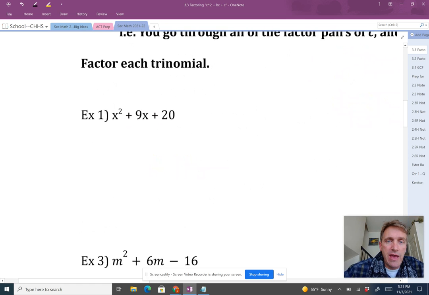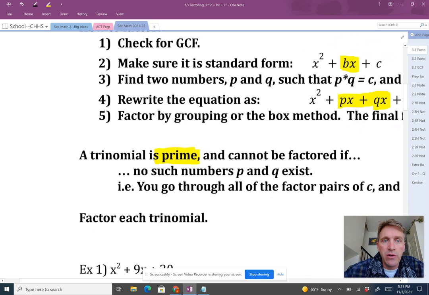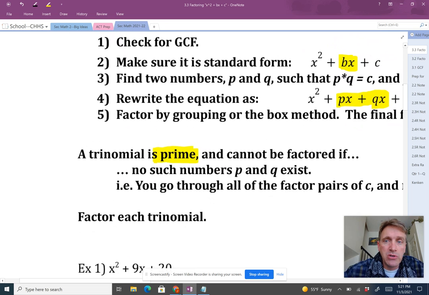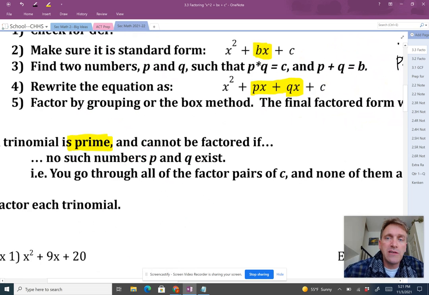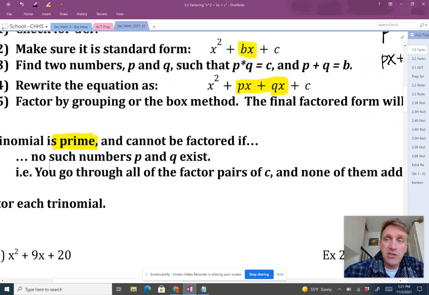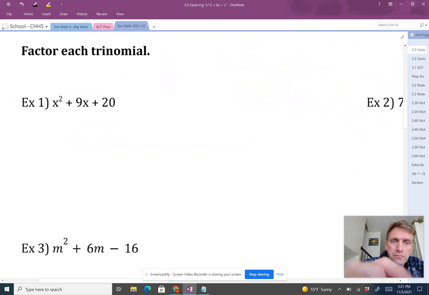And we're good. So number 3, find two numbers p and q such that p times q equals C, and p plus q equals B. So we're going to write 20, and I'm going to put a little times sign here. We're looking for numbers that multiply to 20, and then I put plus, and then 9, so they add to 9.